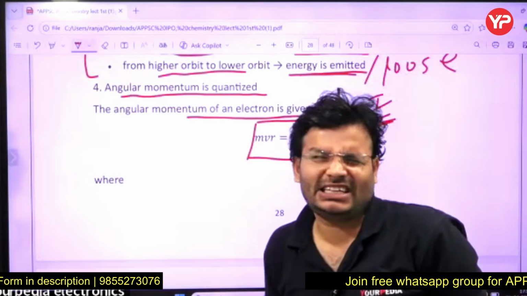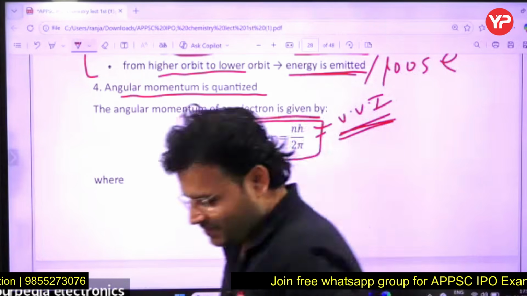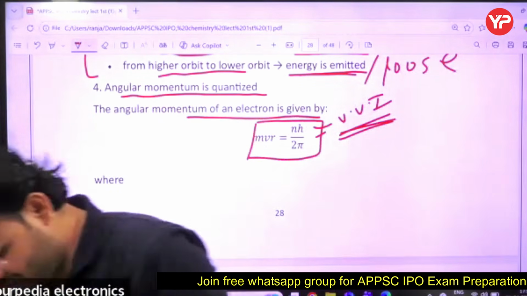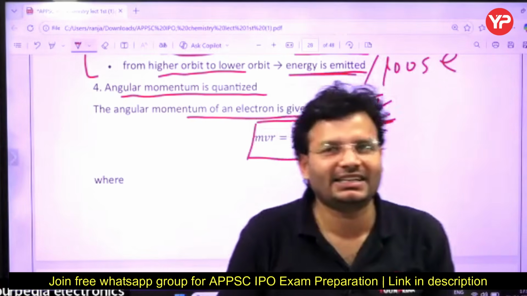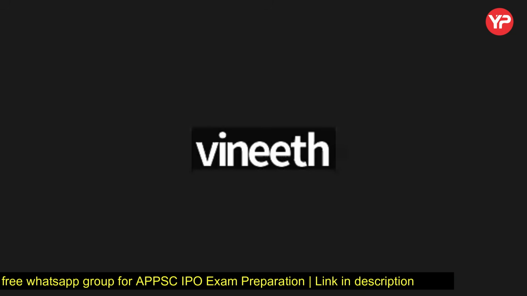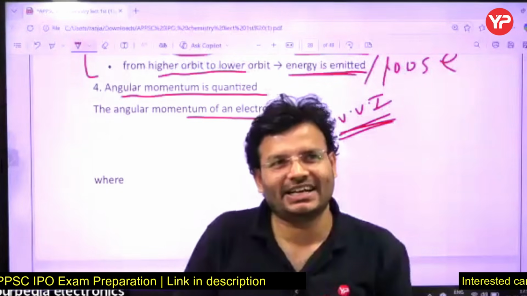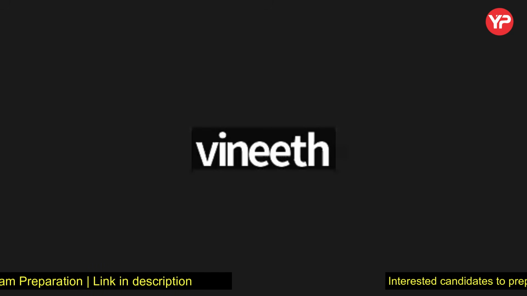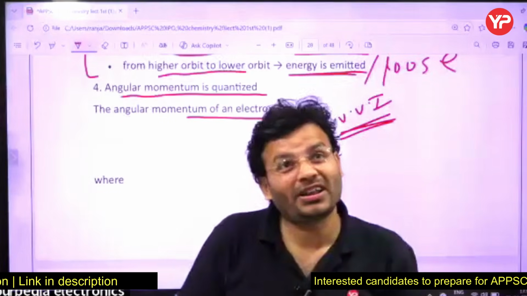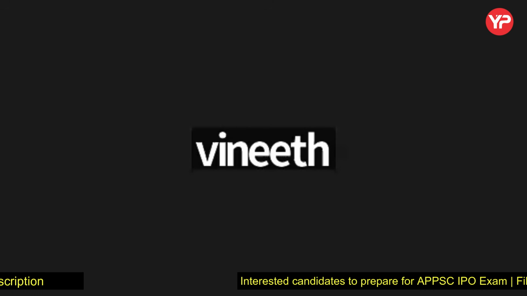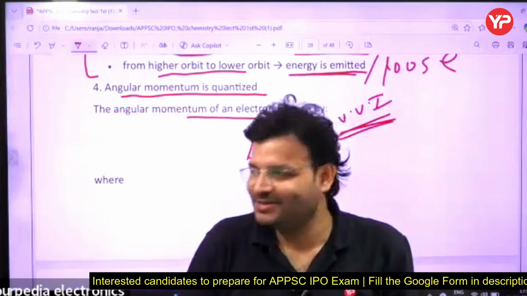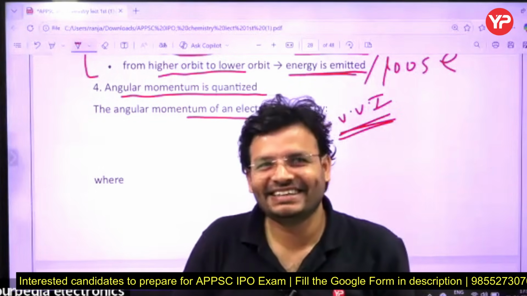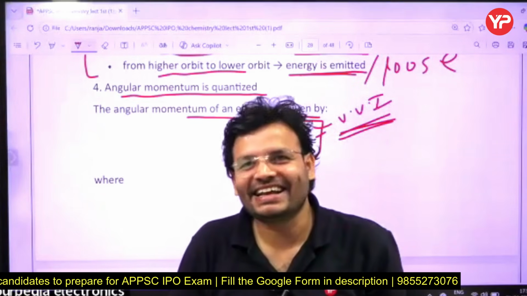I think their age should be less than 24, then only they are eligible. And in your exam, what is the age requirement? I think 40 years, right? Yes, sir, and 45 years for category students. General is 40, generally, and it has been extended to 44. Okay, that's good.